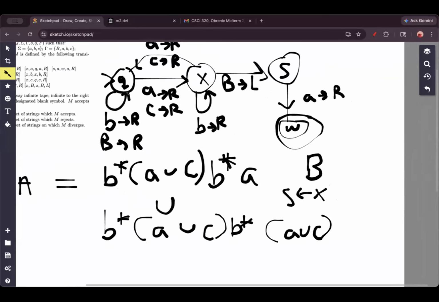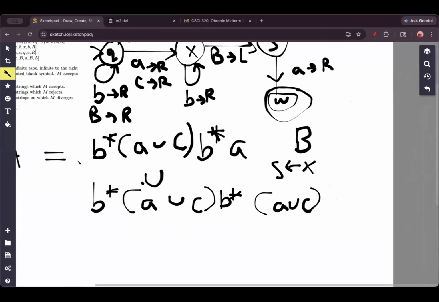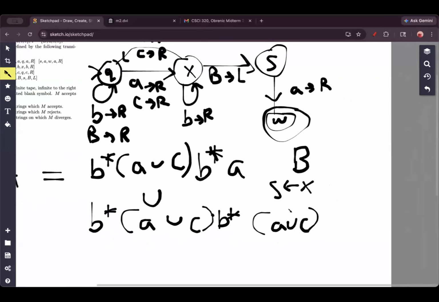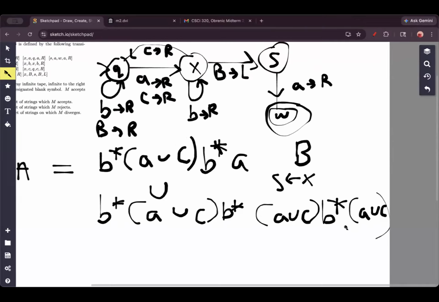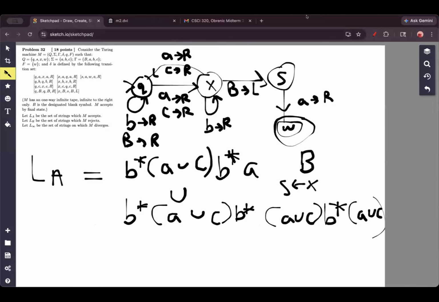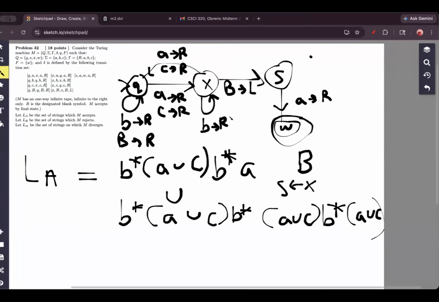A or C to go to Q, and then from Q I could see B star. B star, and then B star, and then A or C. I'm not too sure actually, because then this thing would be like looping.